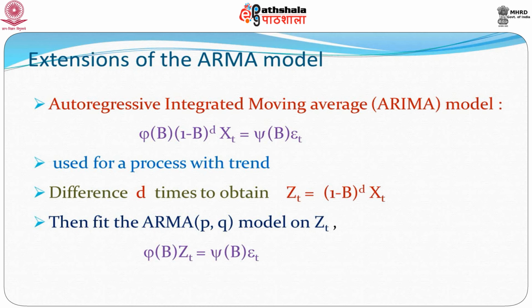If you have a trend, you have some non-stationarity, but you can remove the trend by differencing. So, the integration part is that you are differencing to remove the non-stationarity and then fitting an ARMA model to the stationary series that you get. Put together, you can do it in a single step in an ARIMA model.